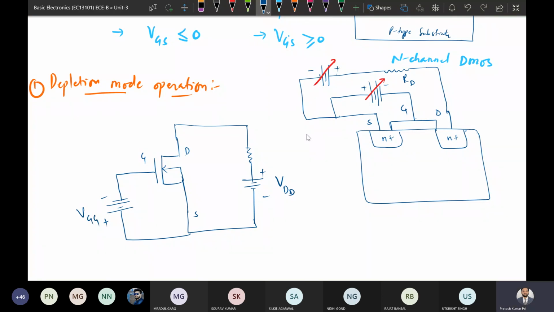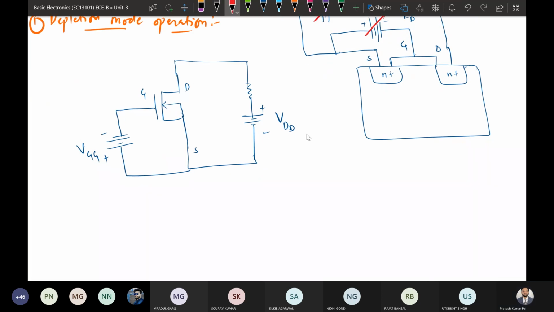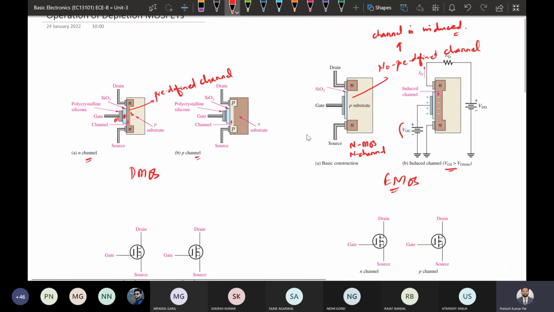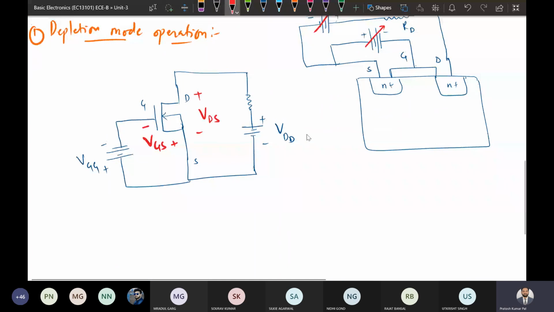Here we are going to apply, this is negative and this is positive, this is VGS, and this is positive and this is negative, this is VDS, the voltage across this. So this is the basic structure in case of depletion mode operation.